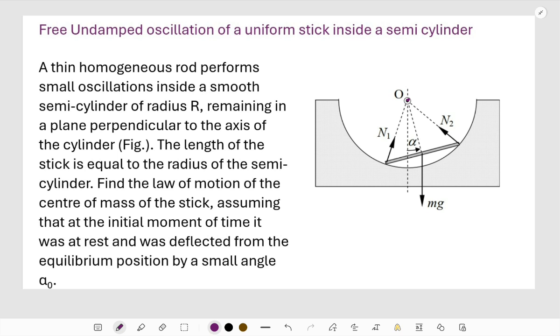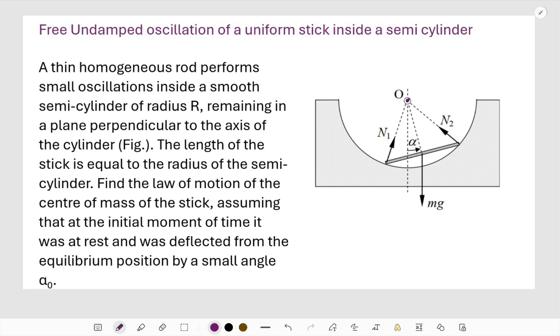N1 and N2 will not produce any torque about this axis passing through O. Only the force of gravity is going to produce some torque, and it is against the rotation. We have rotated this stick in anti-clockwise direction, and this mg is producing torque in clockwise direction. It's trying to restore the stick to its equilibrium position.